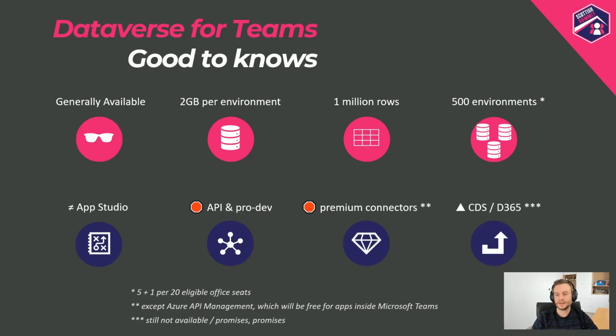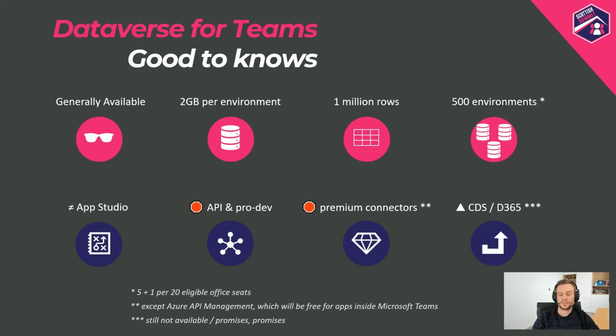It's calculated that you get 5 environments by default, plus 1 extra environment for each 20 Office seats that you buy. So for 20 Office 365 E3 licenses, you get 1 additional Dataverse environment. So to get up to your 500 environments, you need quite a lot of Office 365 licenses as well.